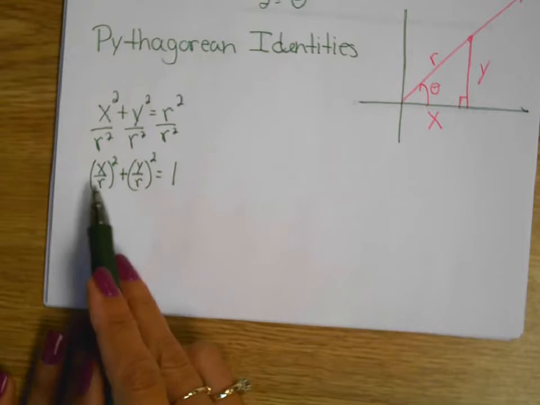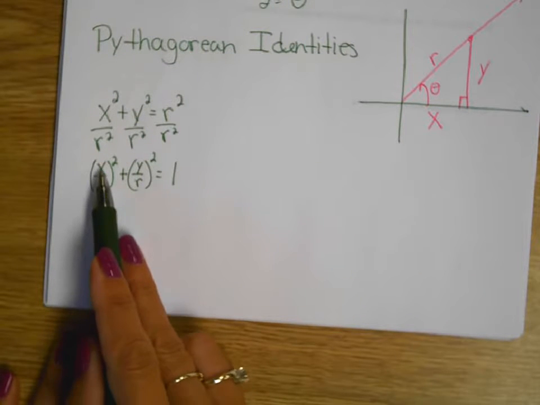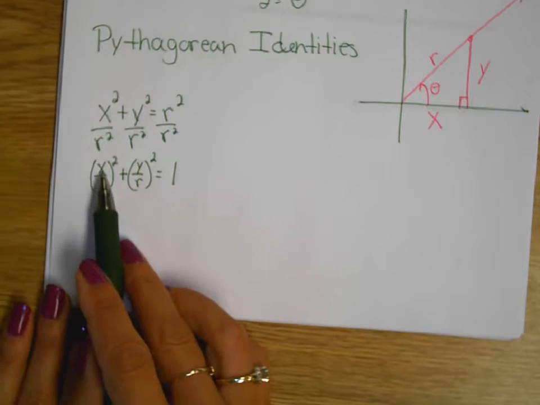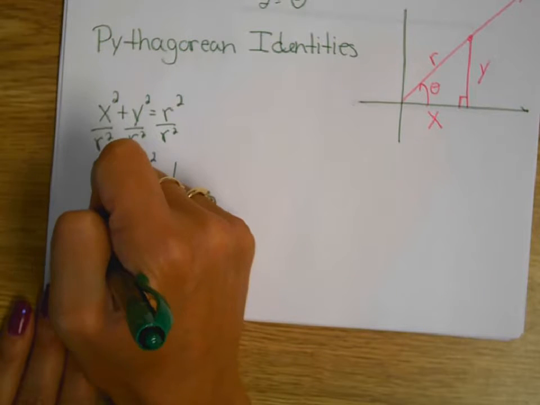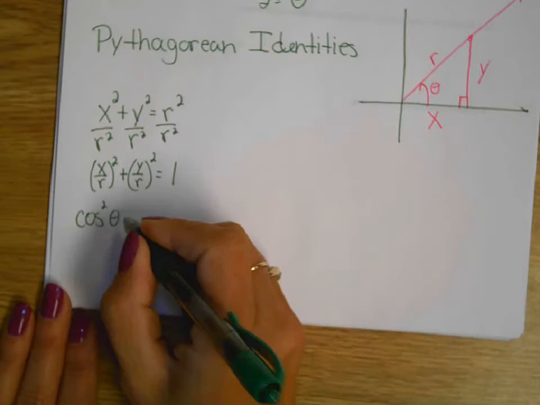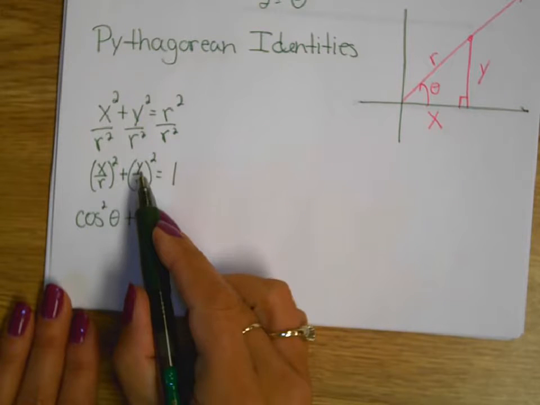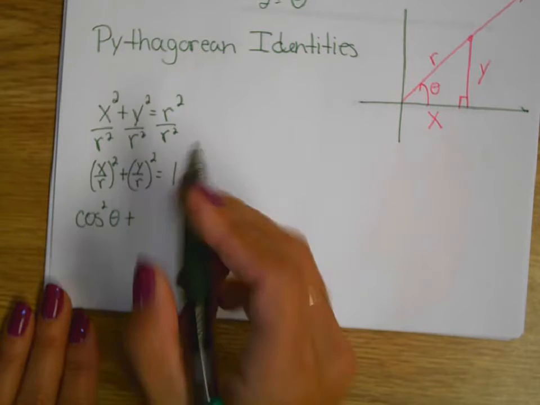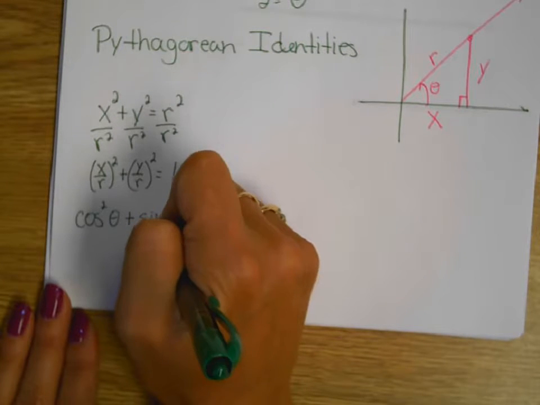So now tell me, which trig function is x over r? That's cosine. So this is cosine squared of angle theta. What is y over r? Sine squared.